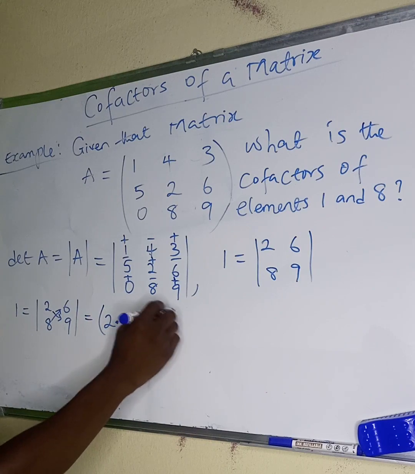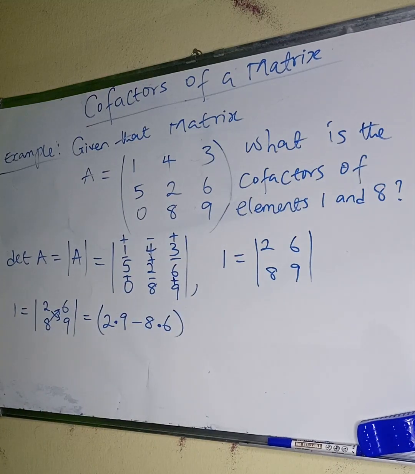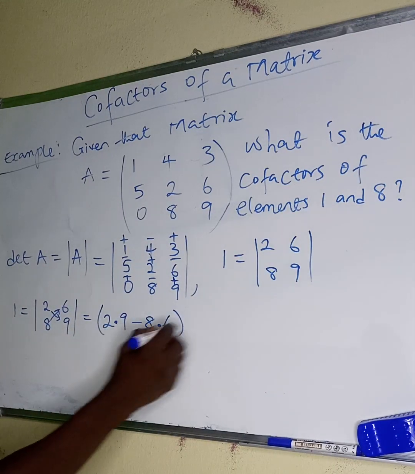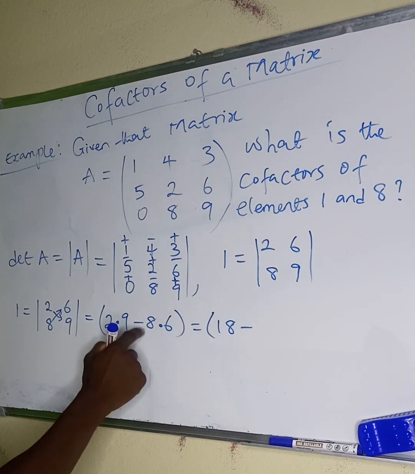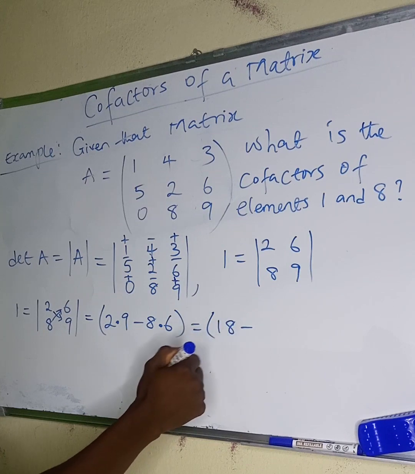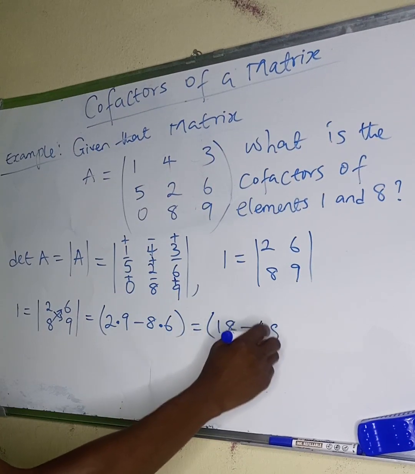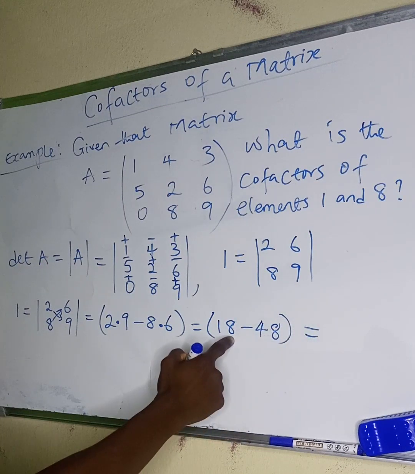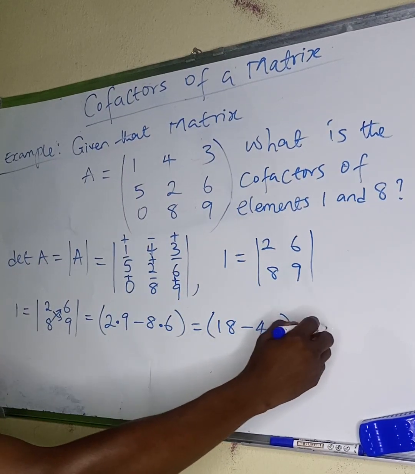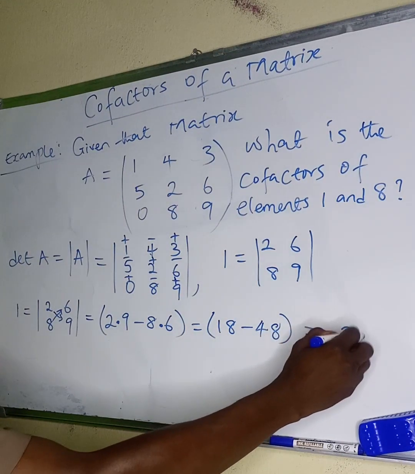Don't forget, I'm using dots to represent multiplication. So 2 multiplied by 9 will give me 18, minus 8 multiplied by 6 will give me 48. And this will give me 18 minus 48, which is minus 30.